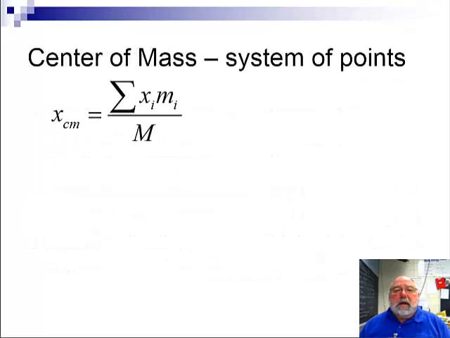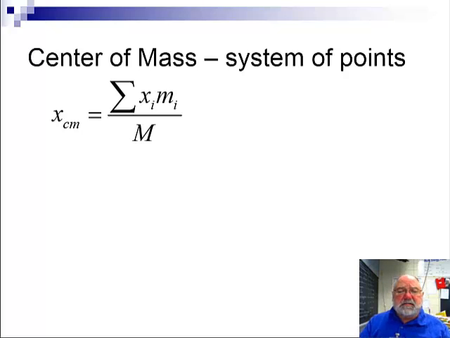Okay, so assuming we have discrete points of mass, individual little marbles, and we want to find the center of mass of all the marbles. In the x dimension, we sum up the individual locations of the marbles times their individual masses, and then we divide that by the total mass. It's sort of like an average.